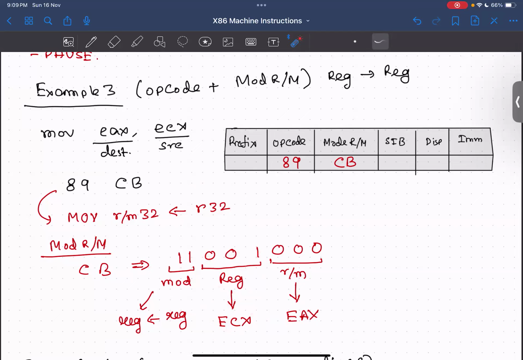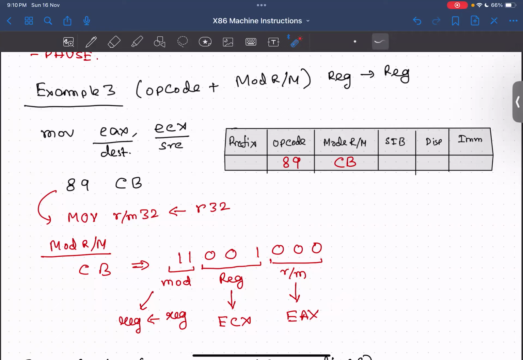Now see, our source register was ECX. And we also know that the destination is a register, but it is encoded in this R/M field, right? If I go to our R/M field, it is 000, and we know 000 is basically for the EAX register.